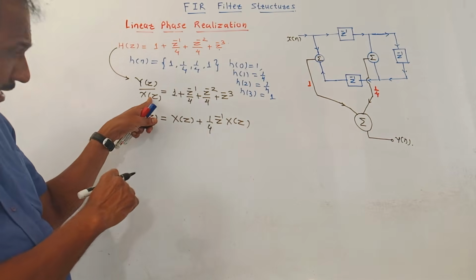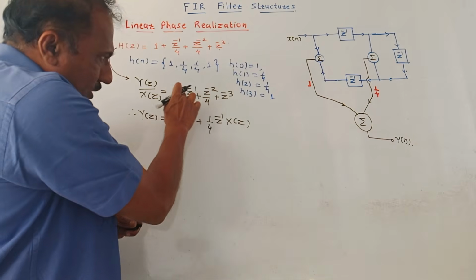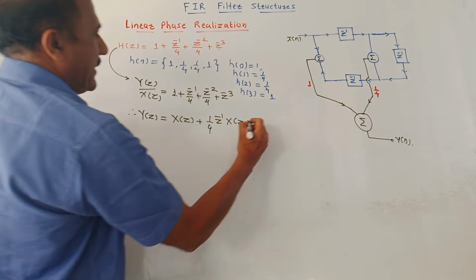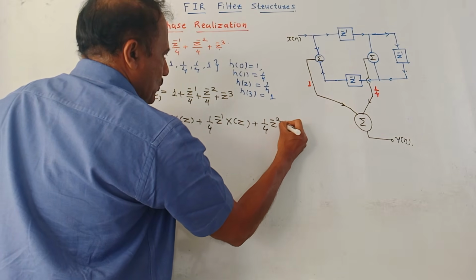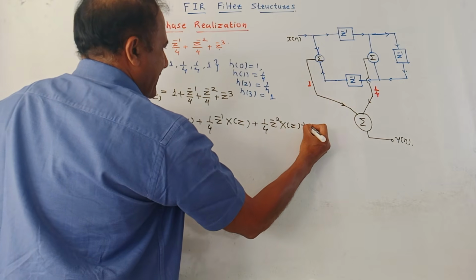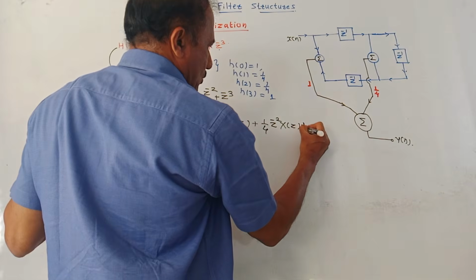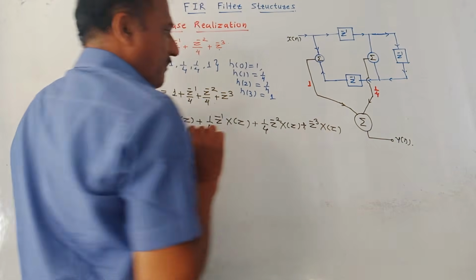One and the same thing. I am transferring X of z over here, so it becomes X of z into z raised to minus 1 by 4. So it is the same as 1 by 4 z raised to minus 1 X of z plus the next term 1 by 4 z raised to minus 2 X of z plus again this X of z gets multiplied with z raised to minus 3, so it becomes z raised to minus 3 X of z.